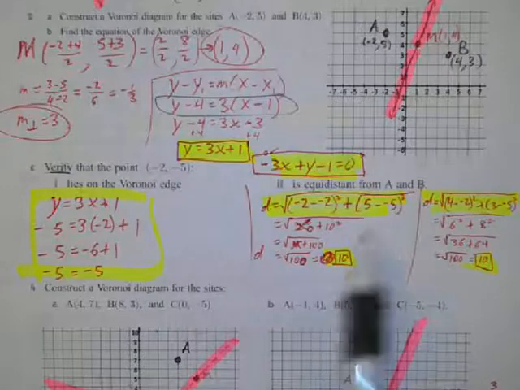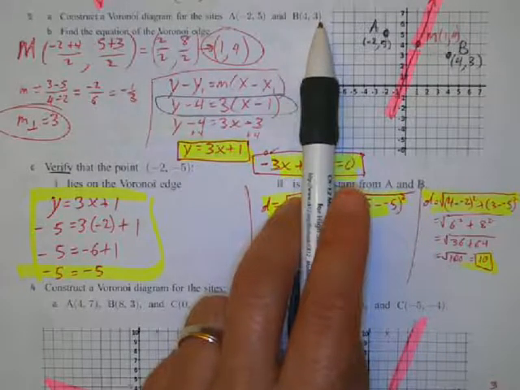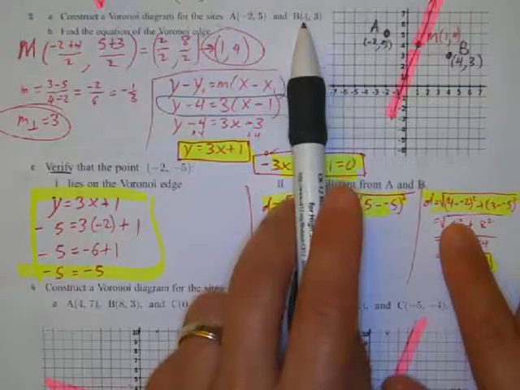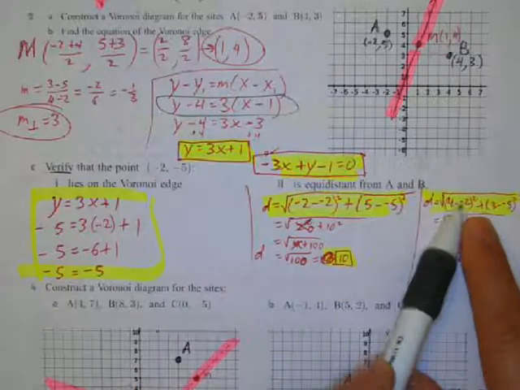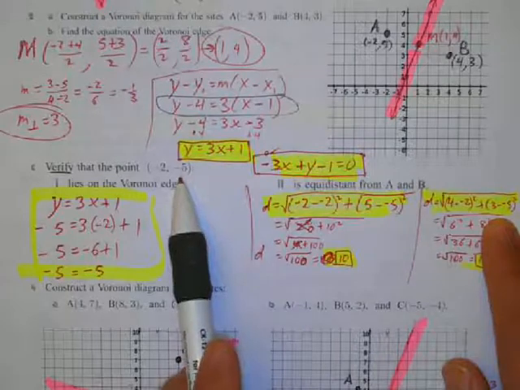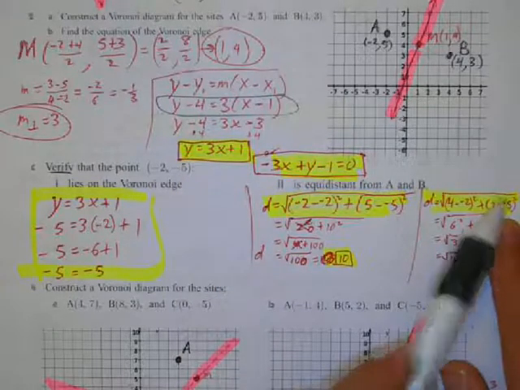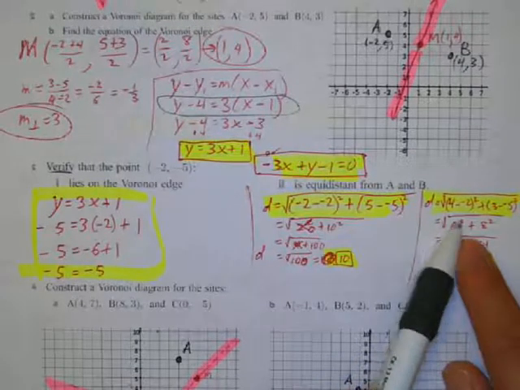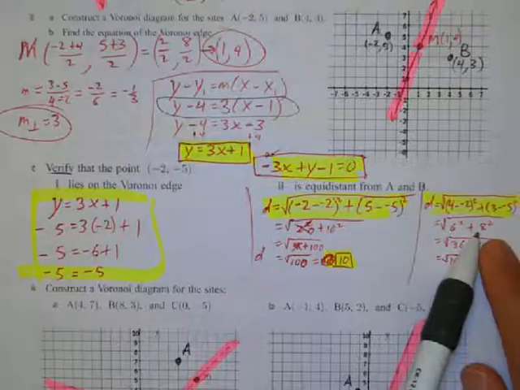Now from point B, 4, 3, and this point here, so the difference between the x values, so 4 minus -2 squared plus 3 minus -5 squared is going to give me, so 4 minus -2 squared is going to give me 6 squared. 3 minus -5 squared is going to give me 8 squared.